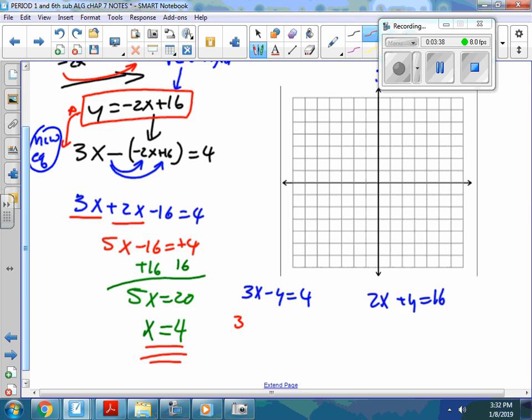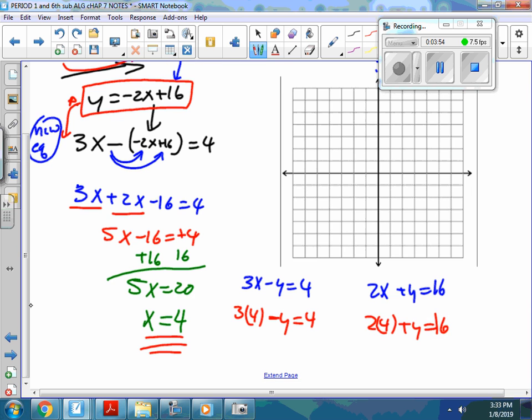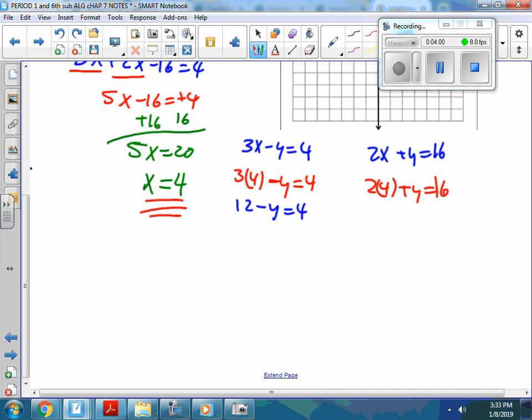We should get the same answer for both. 3 times 4 minus y equals 4, and 2 times 4 plus y equals 16. All right, let's do the math here. This one over here, I'm going to get 12 minus some number is equal to 4. Well, I know 12 minus 8 equals 4, so y should equal 8.